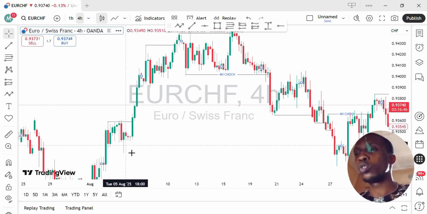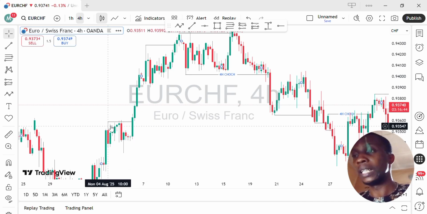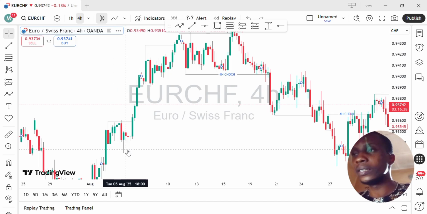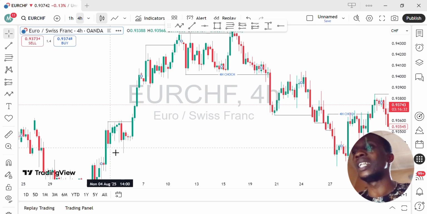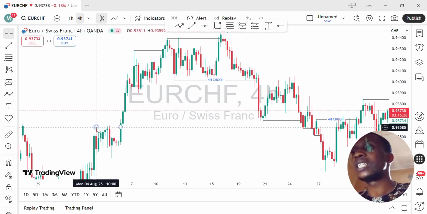Also, the low of the last candle right here was taken out. Price then attempted this high, giving us a break of structure. This is a valid break of structure.